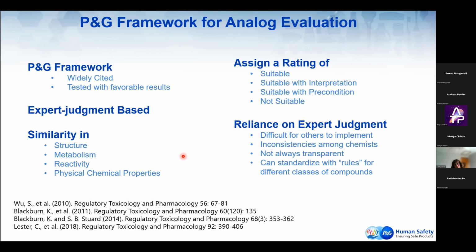And we published these rules back in 2018. So the research I'm going to tell you about today is how some new tools that we've developed reduce even further our reliance on expert judgment.